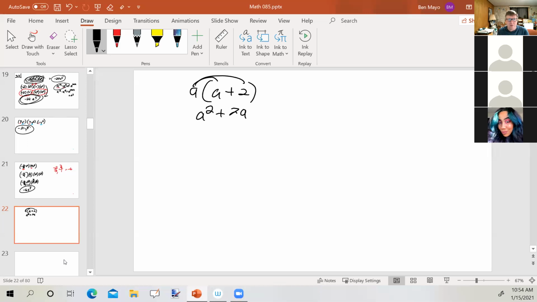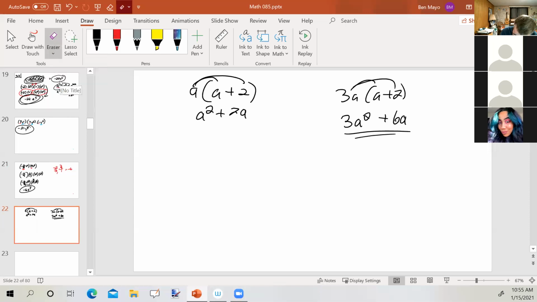They're different powers of the variable, so they're not like terms. We can't put them together. Let's say I have 3a times a plus 2. So now I'm going to distribute the 3a. I'm going to get 3a squared plus 6a. And again, there's my final answer.